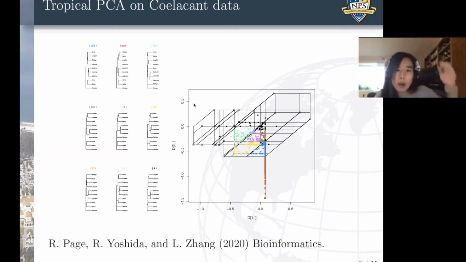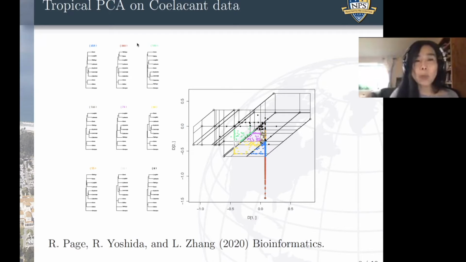One of the PCA-like methods I use is called tropical PCA. Basically, I apply tropical geometry to the space of phylogenetic trees.